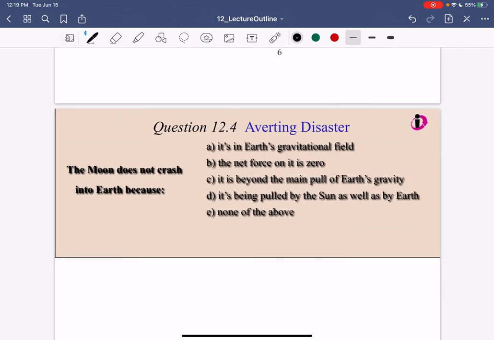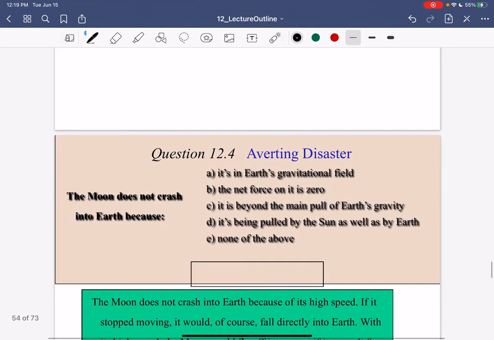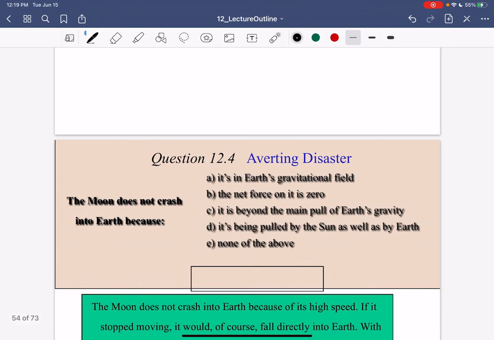Okay, the moon does not crash into the Earth, and this is something that we need to know, because it is in the Earth's gravitational field, and it's gonna keep it in that orbit.